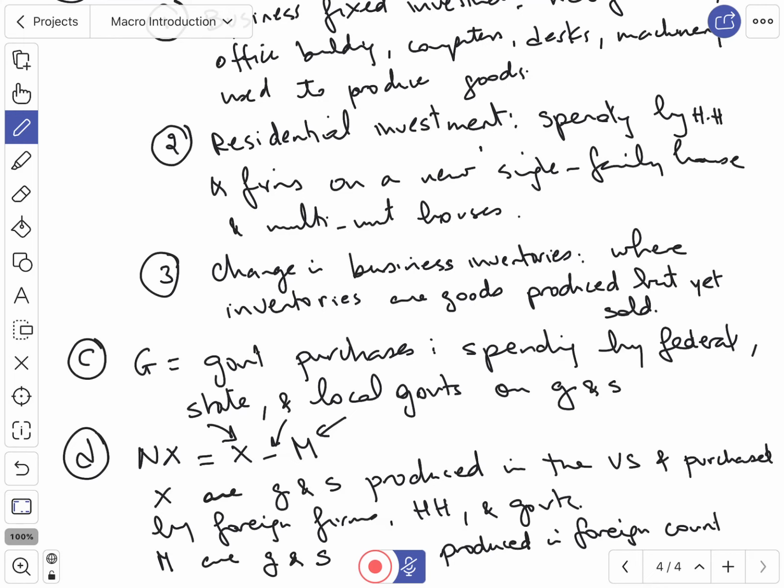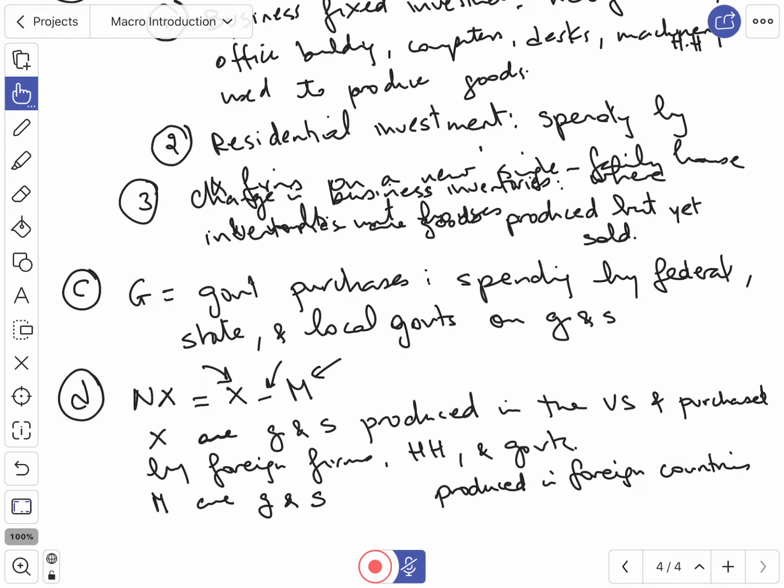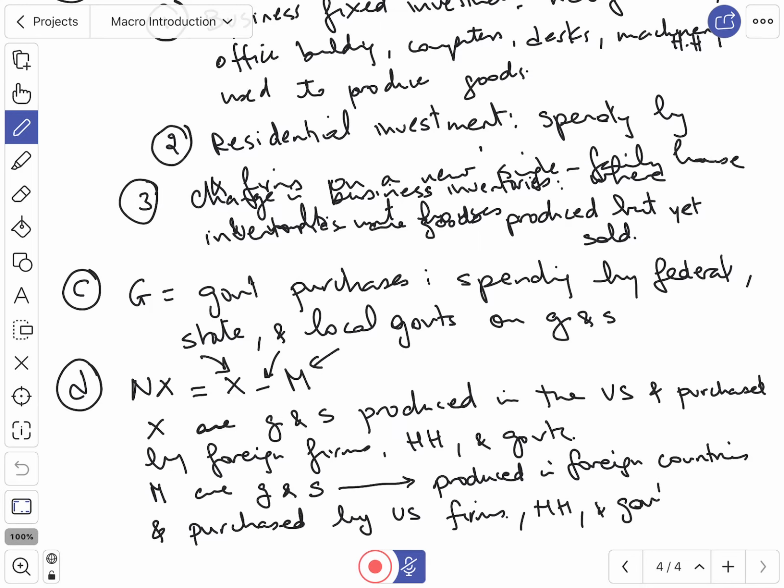So in foreign countries, and so let me just try to make some space here. So the goods and services produced in foreign countries, but they are purchased by US firms, households, and governments.